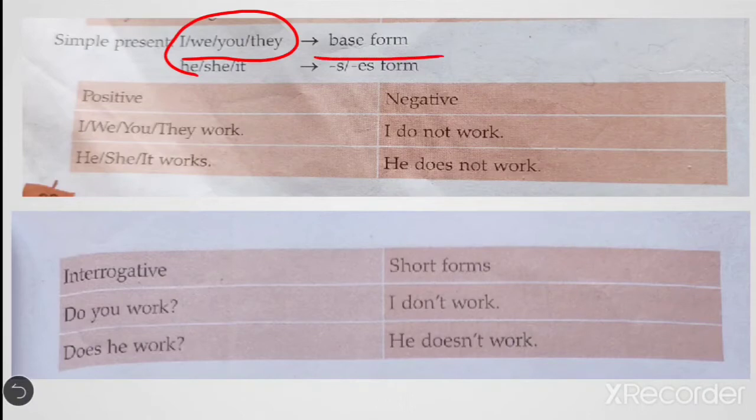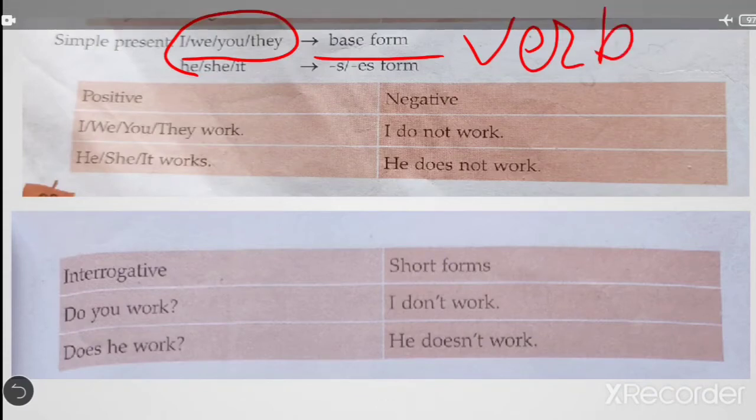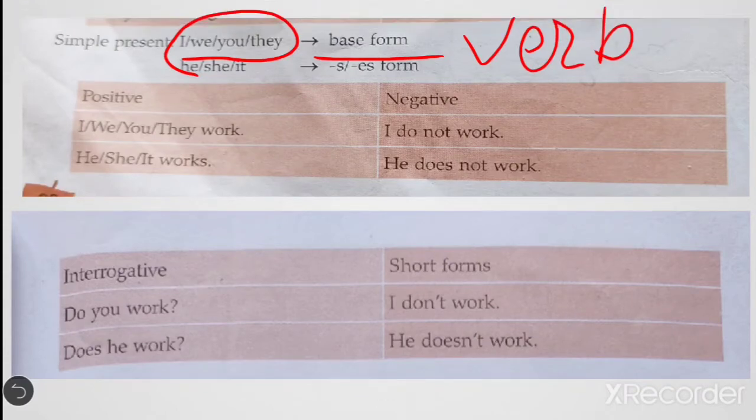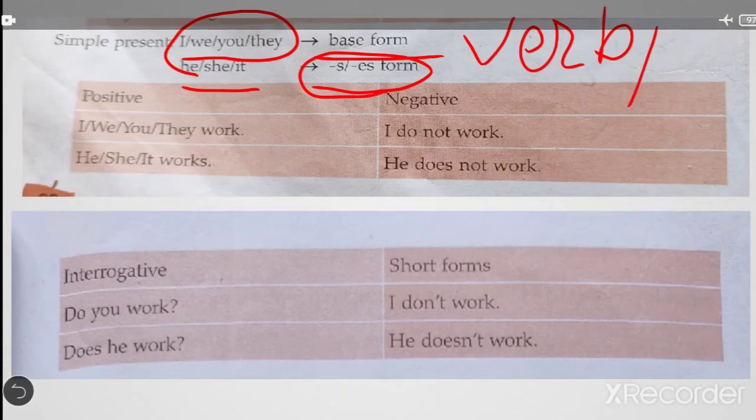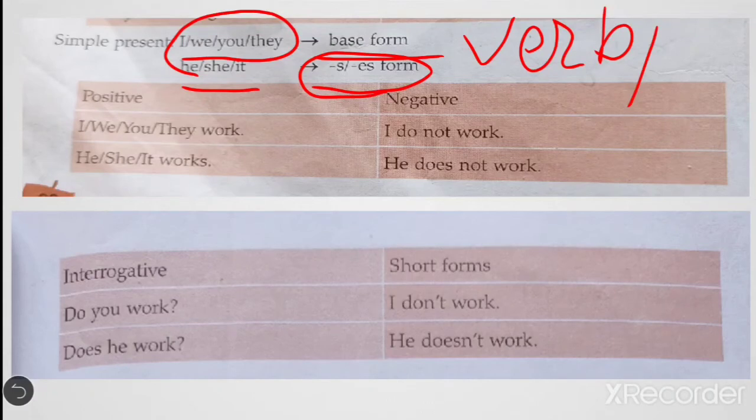Base form means the main form of the verb. And if you use he, she and it, you have to use s or es with that verb, according to that verb.